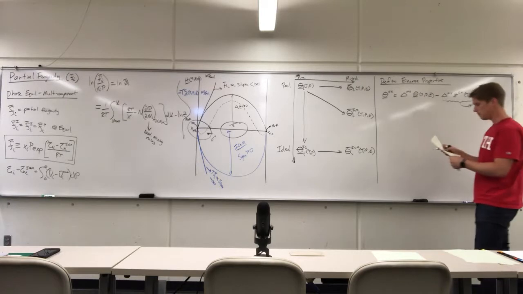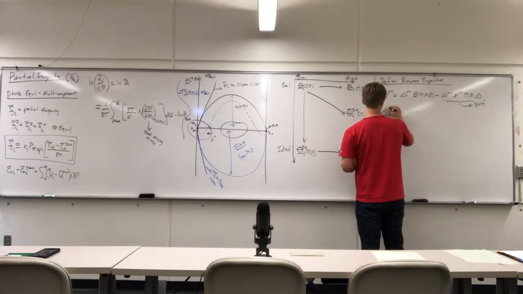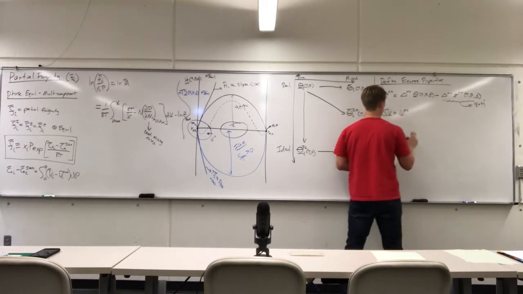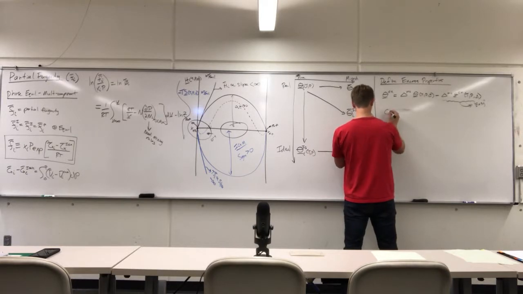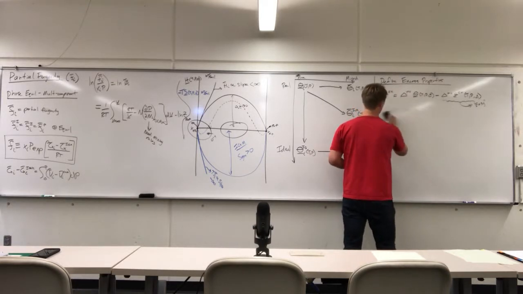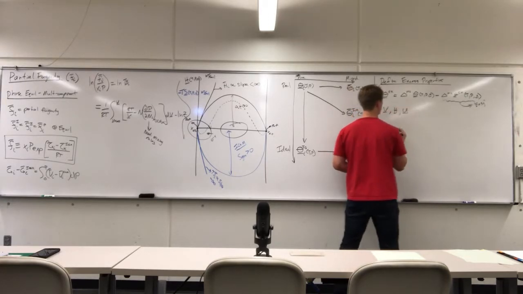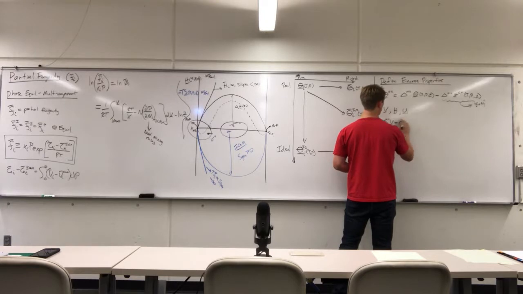So if we take this definition, we know that the delta V of mixing is then just going to be equal to, oh, sorry. Okay, so in the case of volume, enthalpy, and internal energy, the delta V of mixing is just equal to the excess volume.